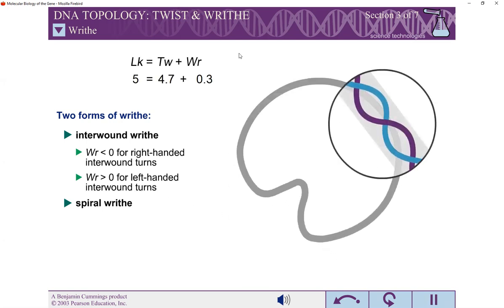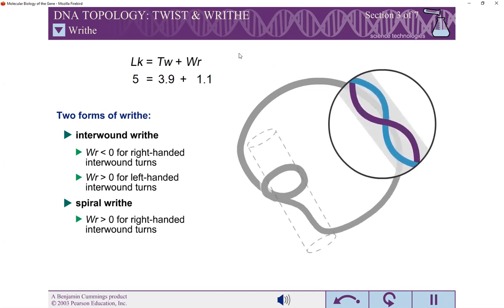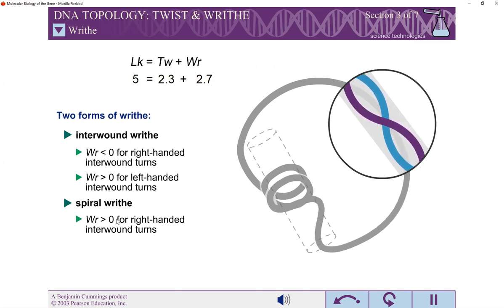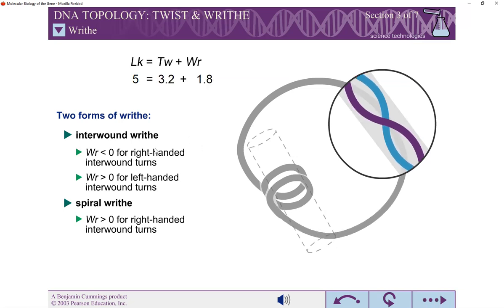If right-handed DNA writhes to form a right-handed spiral coil, the twist number decreases. Therefore, right-handed spiral turns are assigned positive writhing numbers. Note that this is the opposite. Now, please look here. This is about the right-handed DNA molecule, which was making interwound writhe. Interwound writhes are always produced by DNA itself, whereas spiral writhes are produced by the DNA binding over protein molecules.